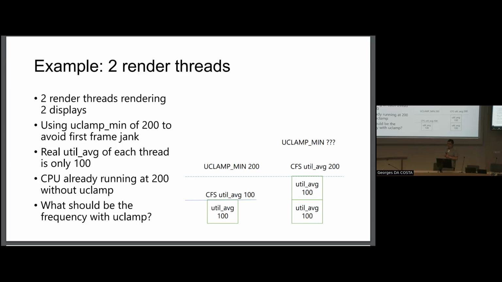Uclamp min is just to ensure that you will run fast enough to execute what you have to get done. What you are trying to explain there is another thing. It's a scheduling decision, which one should run first. It's two different things. And I would say the opposite, if you ask for 512, that doesn't mean that you should run at the highest frequency.